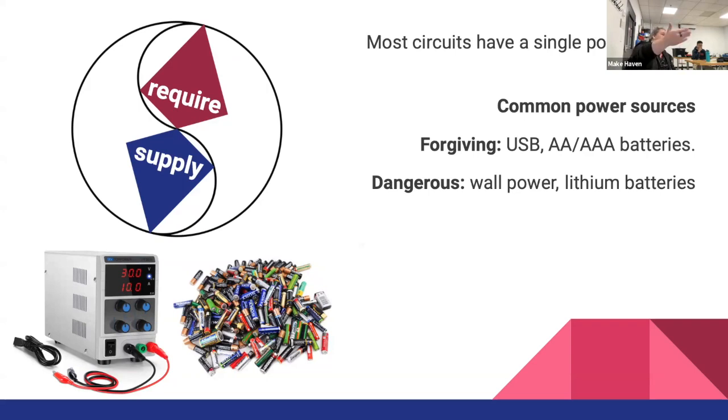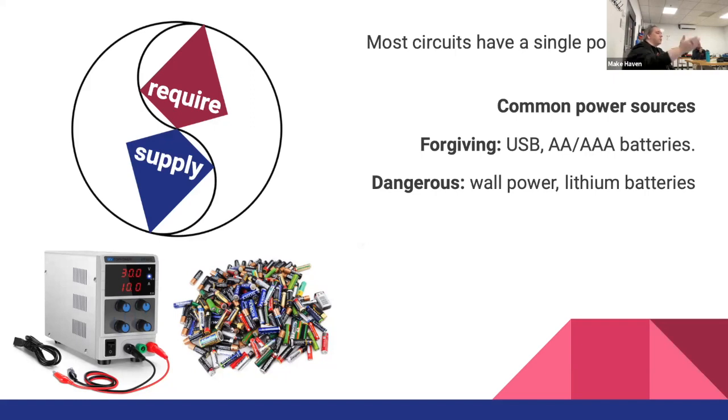The other most common source of power is using wall power. So plugging in a big DC power supply, or using 120 volts, or using some sort of lithium batteries, or there are other batteries that can have this problem too, but lithium ones are the ones you see most often, where if you have a short, a big desktop power supply like that one can provide 30, 60, 100 amps of power.